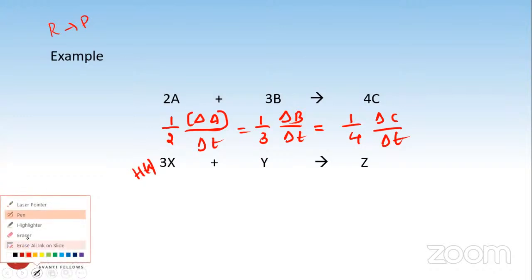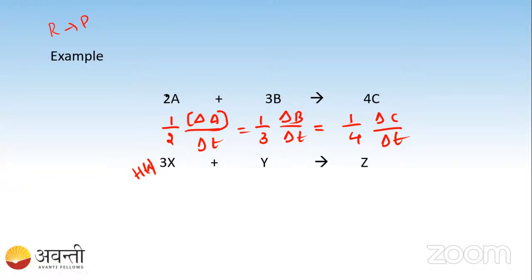I left it to see whether you will identify it or not. The reagents A and B will be represented with a minus sign as they are getting reduced, and the product C should be represented with a positive sign as it is appearing.